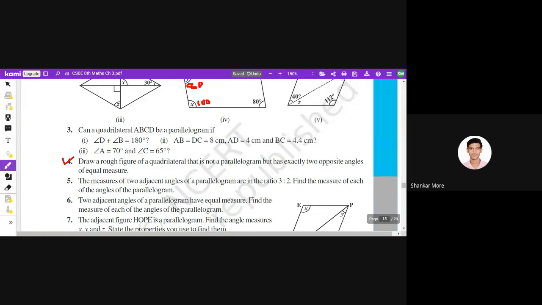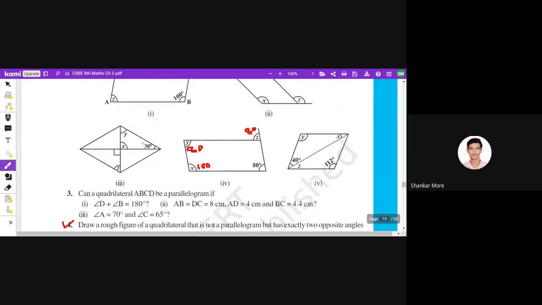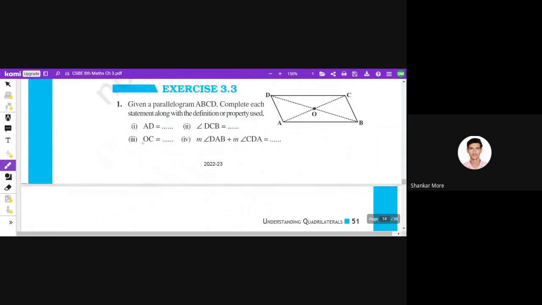We were solving this practice set, I guess, 3.3, right? How many of you have solved this at home? Okay, so I consider that everyone is with me and everyone is revising whatever we are learning in the class, right? Then it will be useful. Otherwise, you are going to forget this.